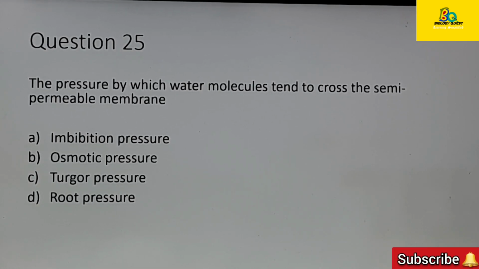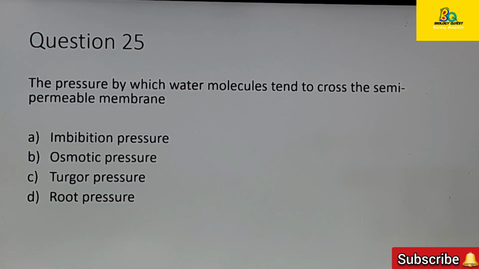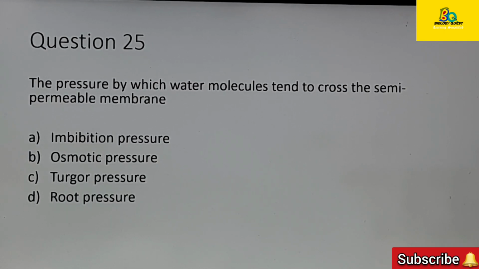And what is root pressure? The pressure that is developed in the cells of the root as a result of inward movement of water through the root cells. The pressure that is developed in the roots as a result of cell to cell diffusion of water in the root, or actually it is osmosis which is taking place between the cells of the root, causes a pressure in the root which helps in the upward movement of water in the xylem.